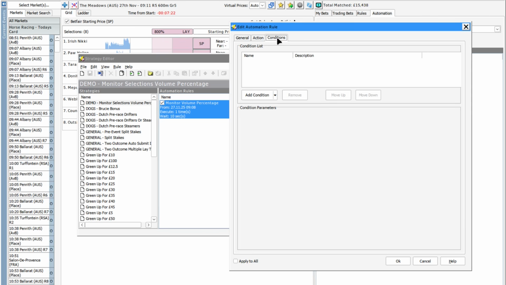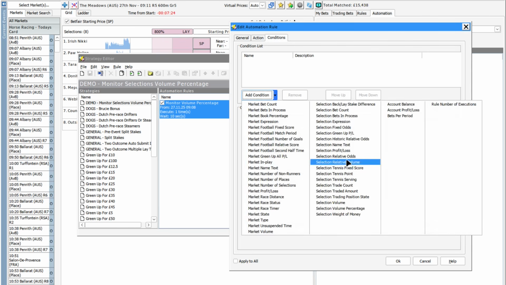Unfortunately, there isn't a way of automating that. Within the conditions, you're familiar with the idea of the selection historic relative odds. That's a mechanism that allows you to compare the odds of a selection over a particular time frame.